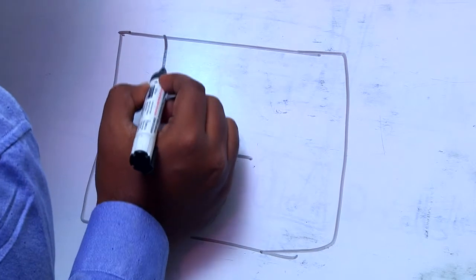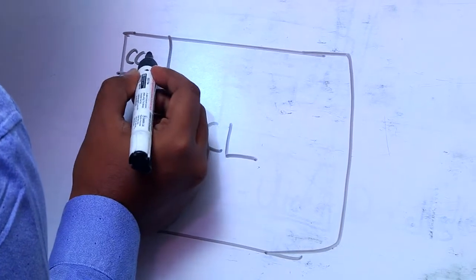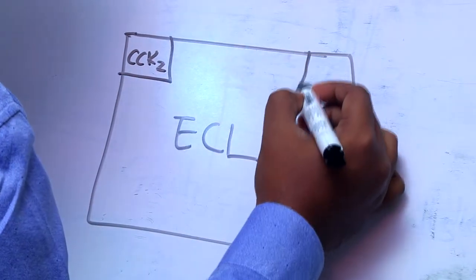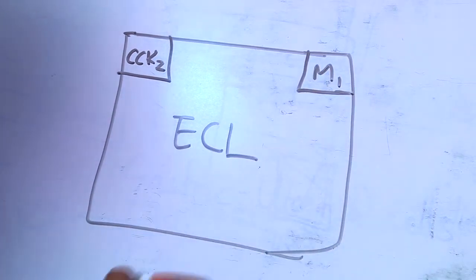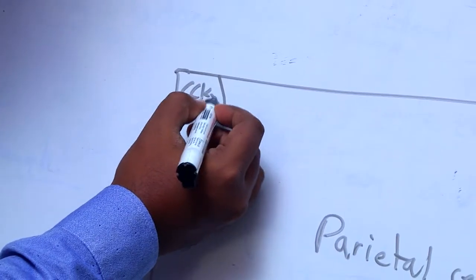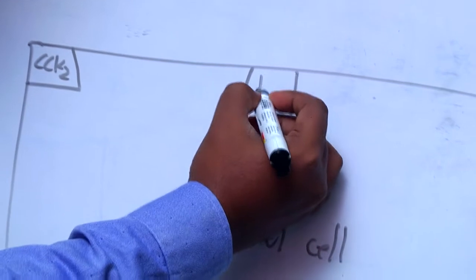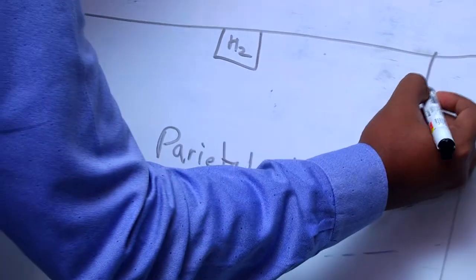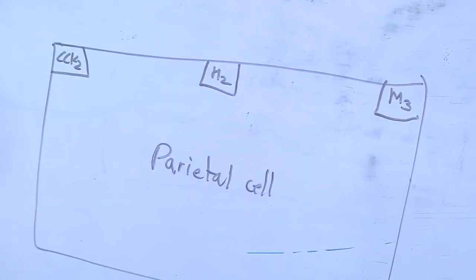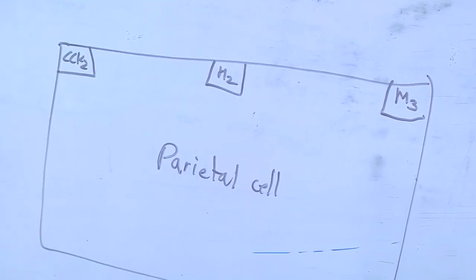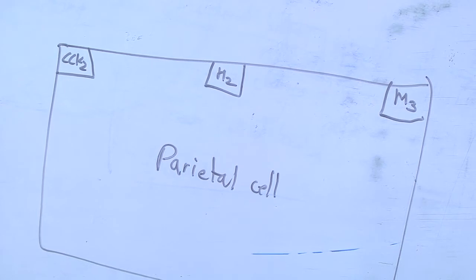The most important receptor is your CCK2 and here is your muscarinic receptor, that is M1, and here also it consists of the CCK2, H2 receptors and your M3 receptors. The knowledge of these receptors is very important to understand the secretion of HCl.